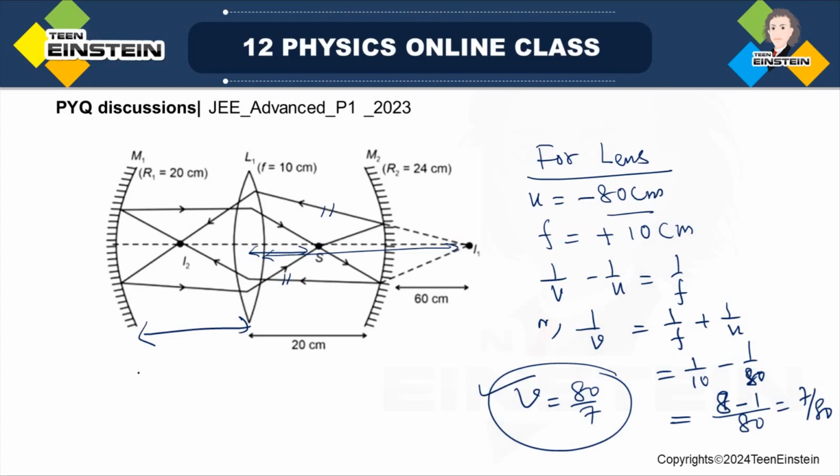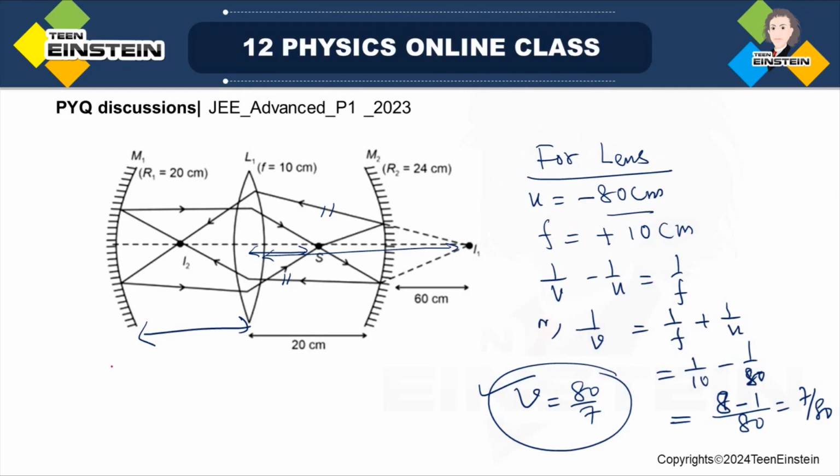Okay. Now there could be three situations for which we can have the final image formed at the source itself. What are those three situations? I'll discuss them one by one. One among them is shown here itself. Let me change the color so that I can explain. Okay.